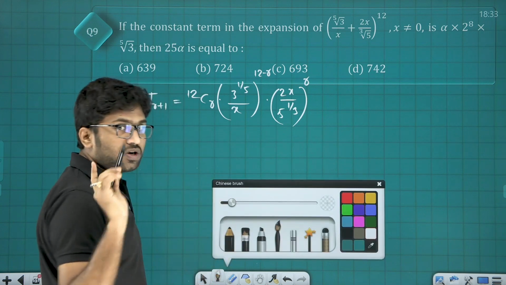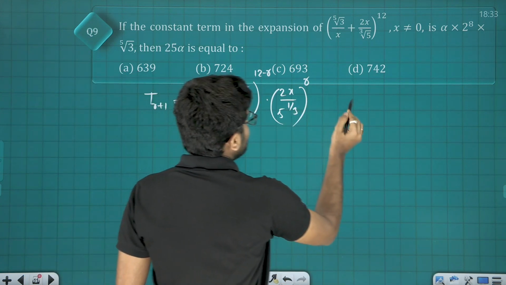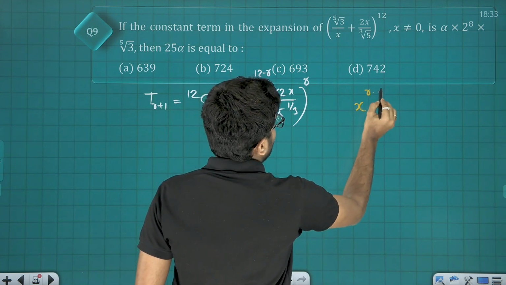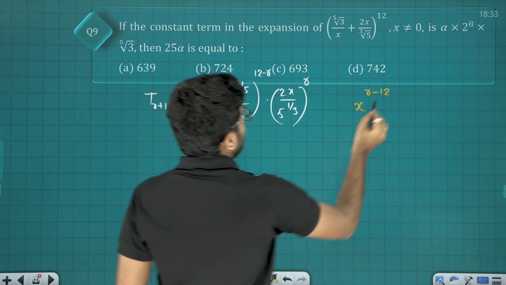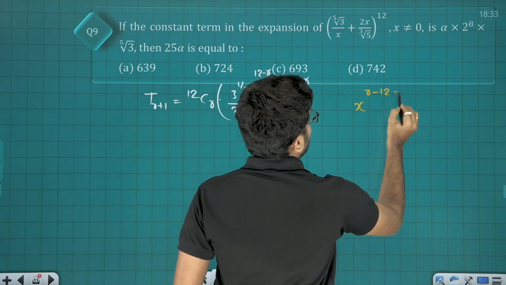Now let's only focus on these x terms. Here we have x raised to r minus 12 when you take this to the numerator, plus r we have.